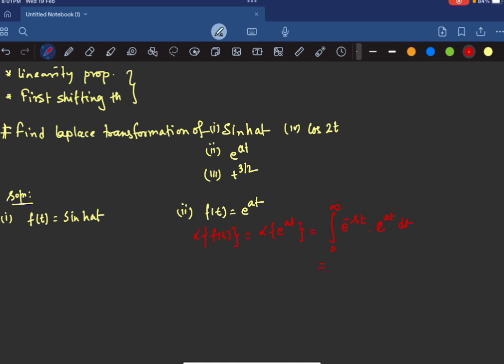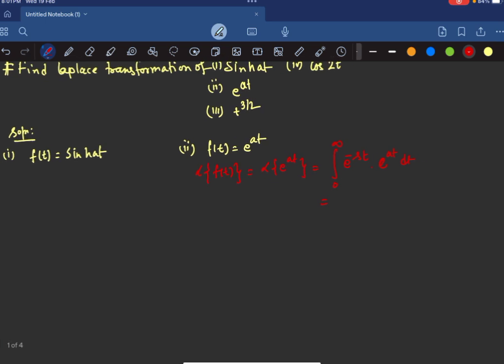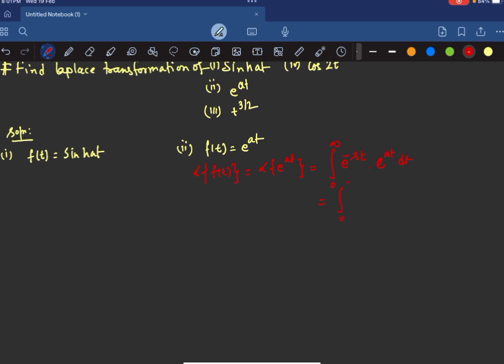This is nothing but the integral from 0 to infinity of e power minus (s minus a)t dt. This is e power minus (s minus a)t by minus (s minus a), provided s minus a is greater than 0.